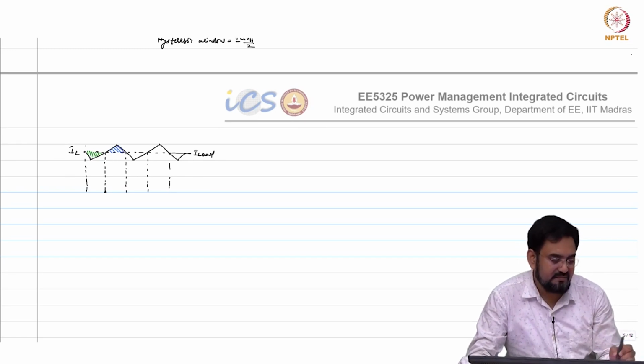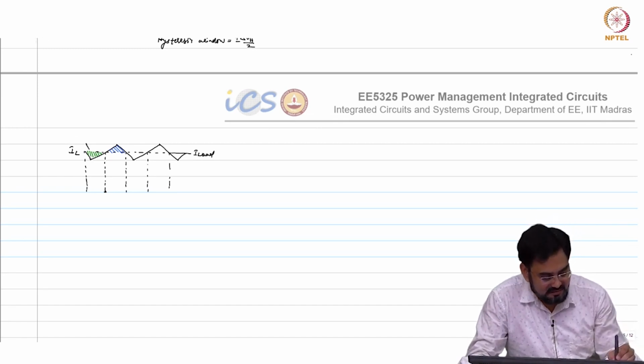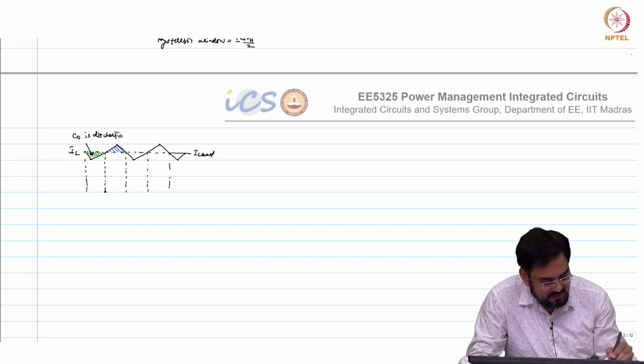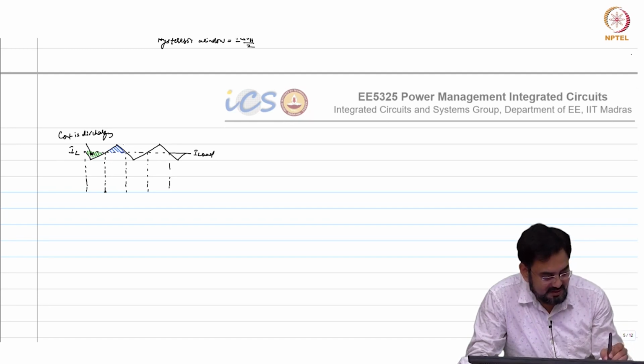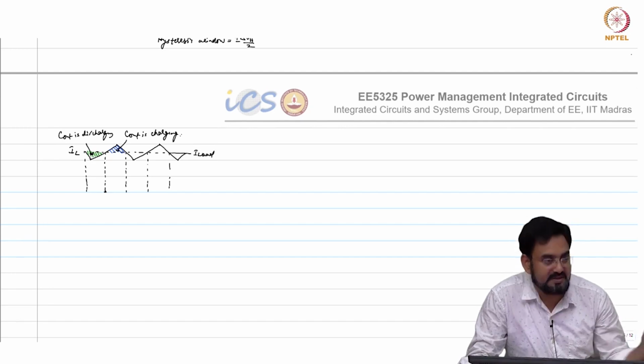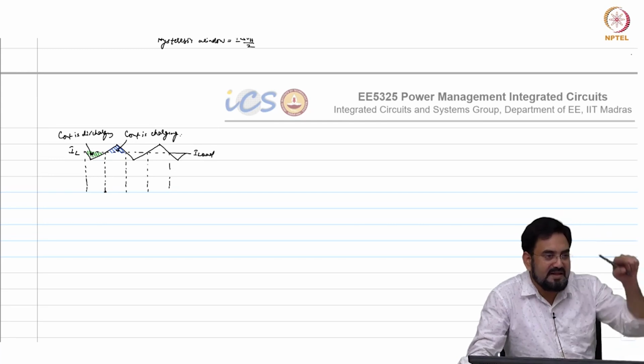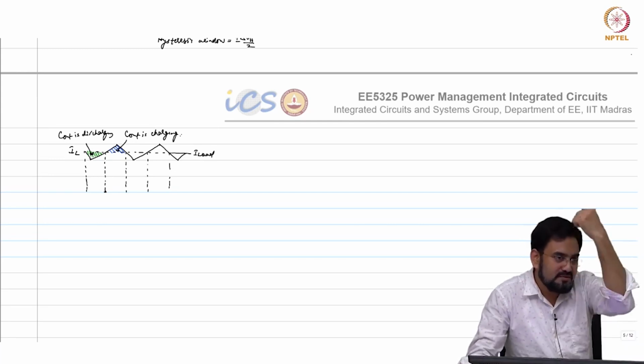So during this time, the capacitor C out is discharging, and during this time C out is charging, correct? So the moment it hits the valley, it has to charge.